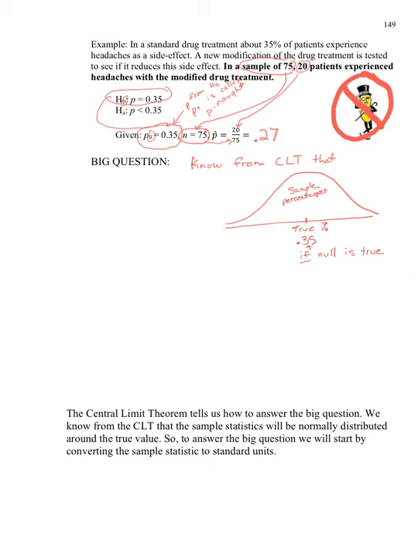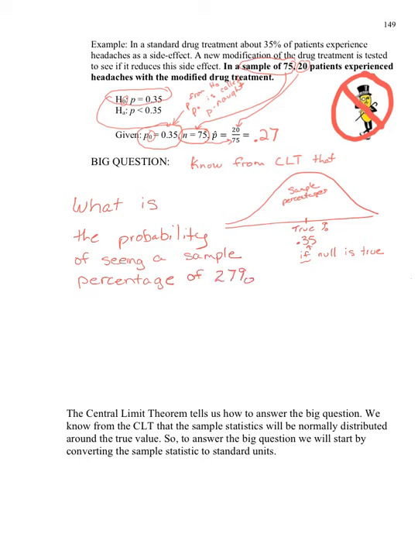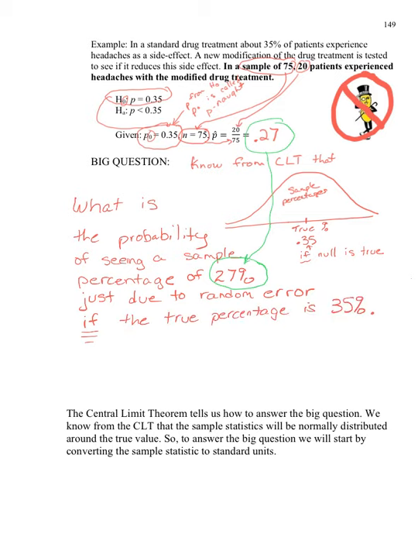Where does that fall in this normal distribution relative to that 0.35? So our big question is, what is the probability of seeing a sample percentage of 27% just due to random error if the true percentage is 35%?